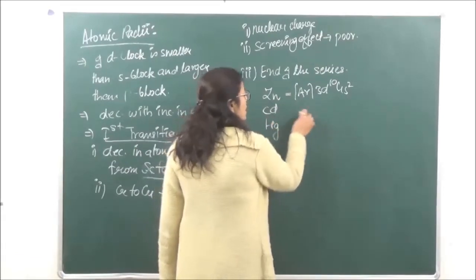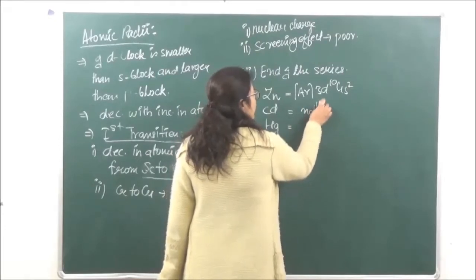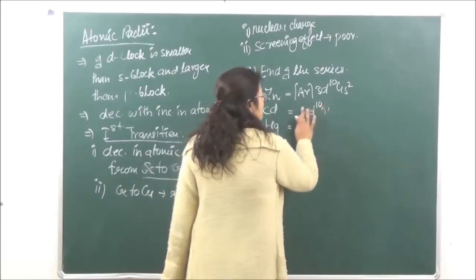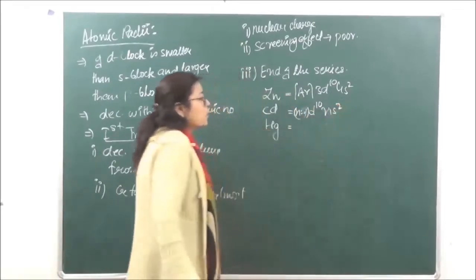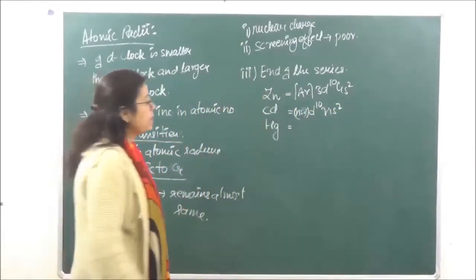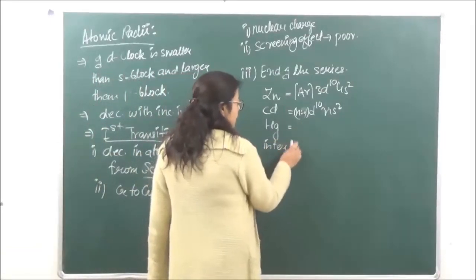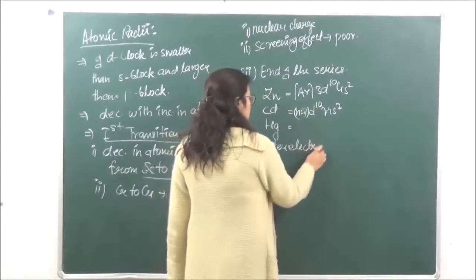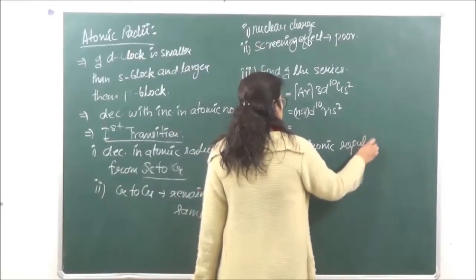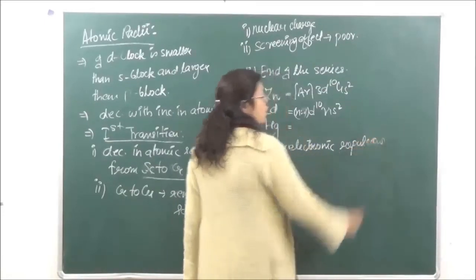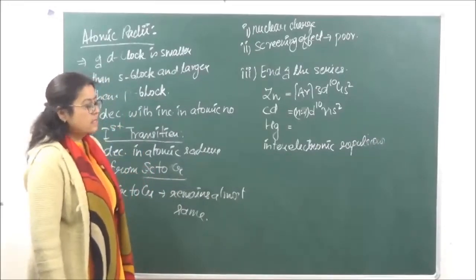So in all of these, the general electronic configuration is going to be (n-1)d10 ns2. Now because of the fully filled d orbitals over here, there are going to be electronic repulsions which are going to take place. Okay?